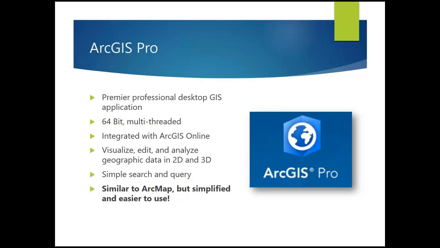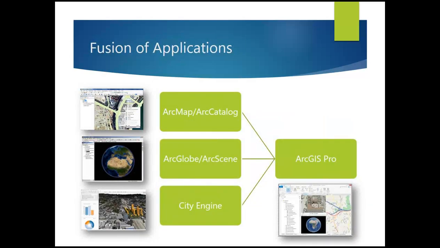The goal of this application was to combine three different applications that Esri created in the past. They wanted to fuse the following applications into one to create a much more powerful and user-friendly application. They first took ArcMap with ArcCatalog for its mapping and organization abilities, combined it with ArcGlobe and ArcScene for mapping geographic data in 3D, and CityEngine for the creation of 3D cities and buildings.